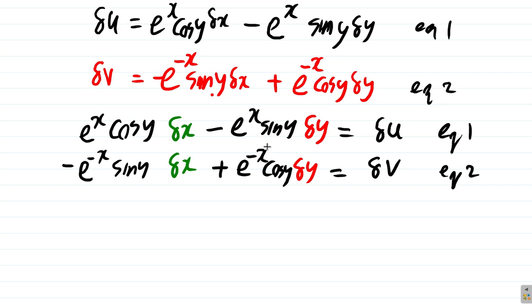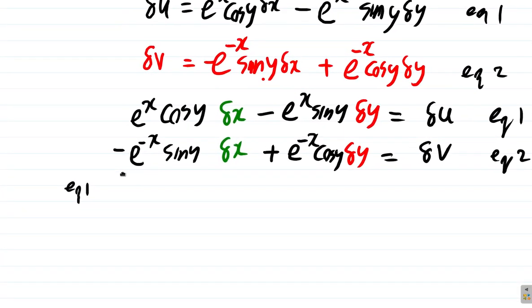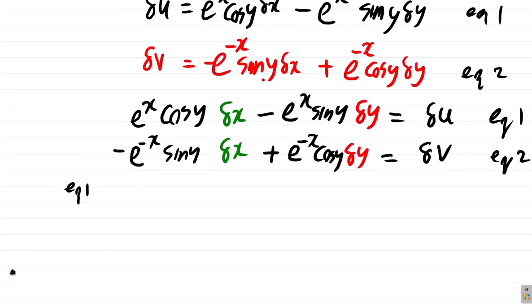So let's eliminate delta x and see what we would get. How do we eliminate delta x to get delta y? Well, what we could do is multiply equation 1 by e to the negative x sine y. Alright?